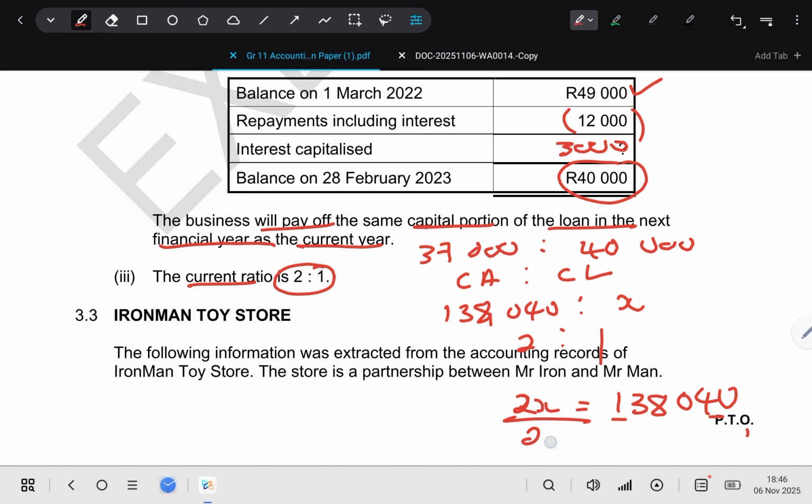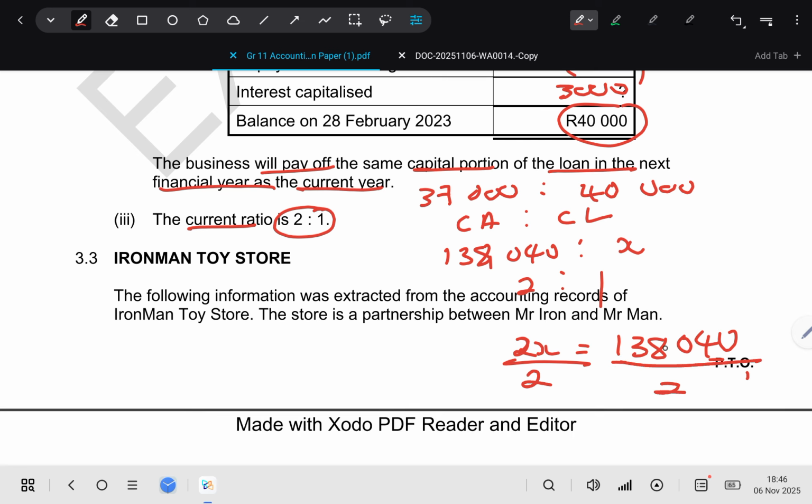Because we want x, we divide by 2, we divide by 2 this side. So 2 will cancel 2, and then when we divide this one, we will get our x.